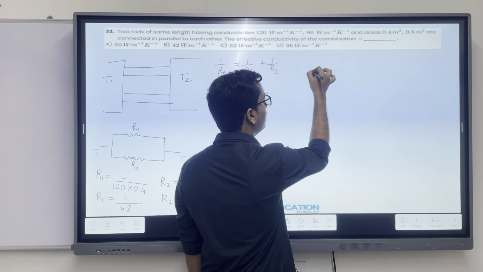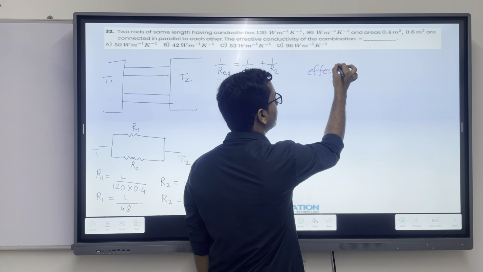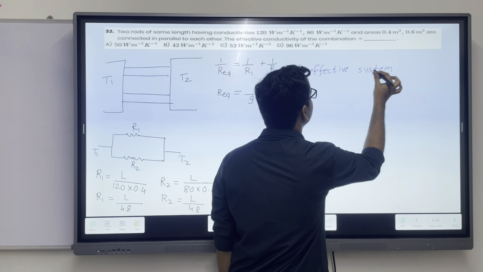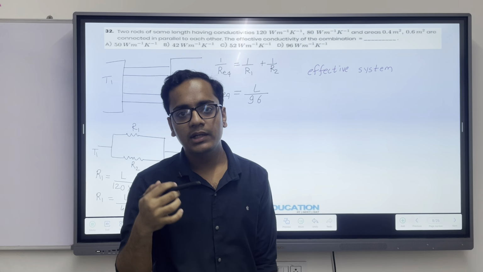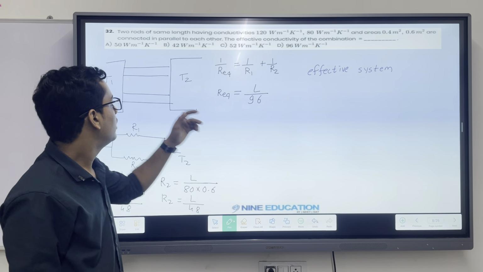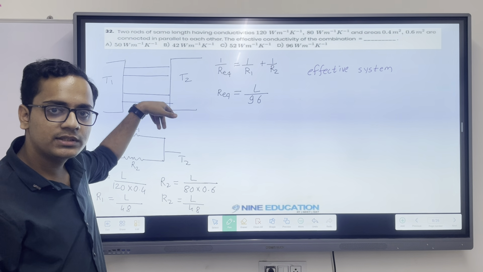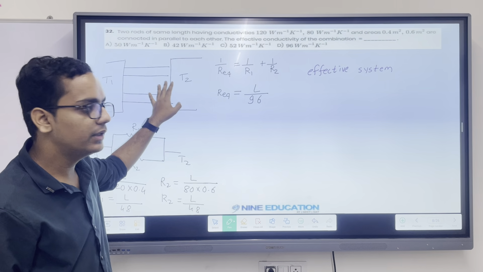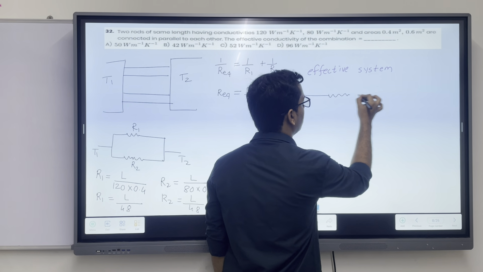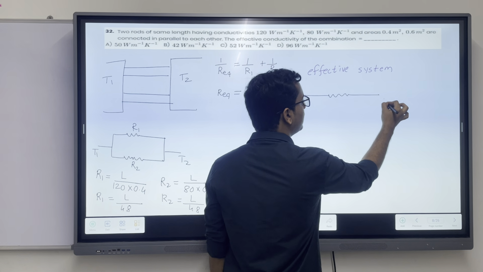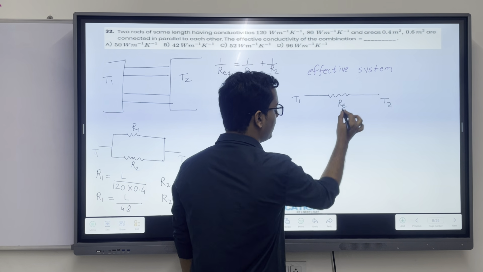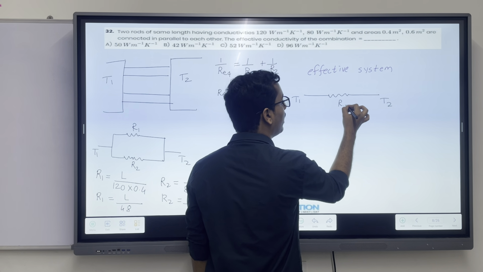So I will say the effective system. So effective thermal conductivity means what will be the thermal conductivity of the material which is having the exact same shape and size as that of these two materials combined. So this is temperature T1, this is temperature T2, this is thermal resistance RTH.